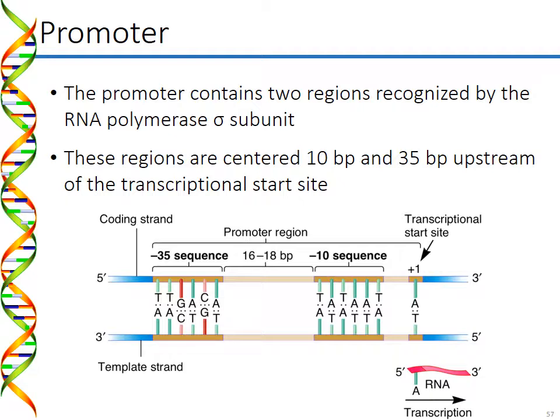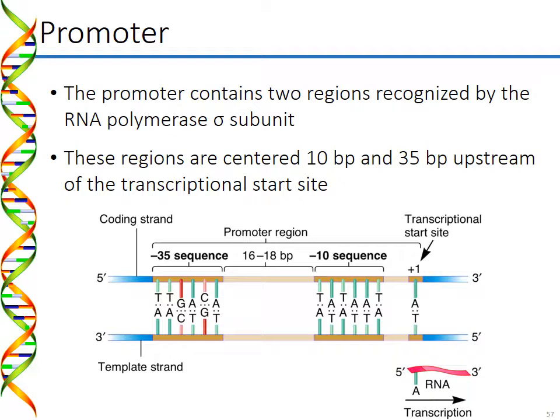If we start counting back the other way, so upstream in the 5' direction, the nucleotide before the transcription start site, which is +1, would be labeled -1. There is no 0, which can be a little bit confusing, but -1, the nucleotide before that is -2, and so on.